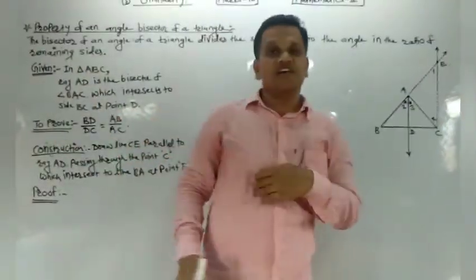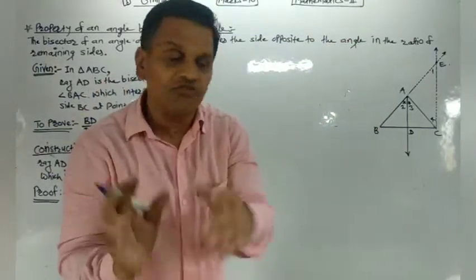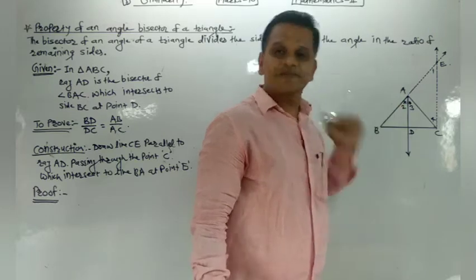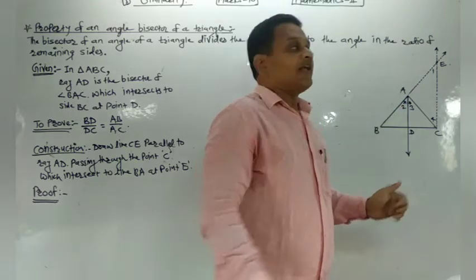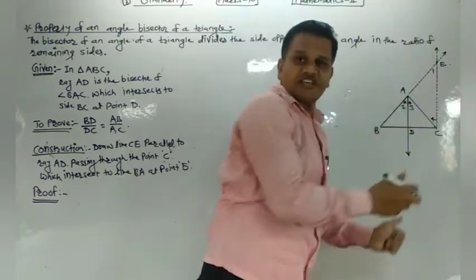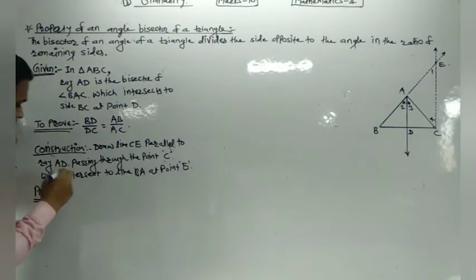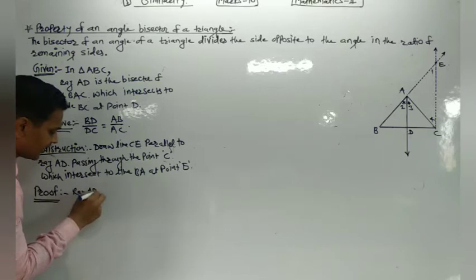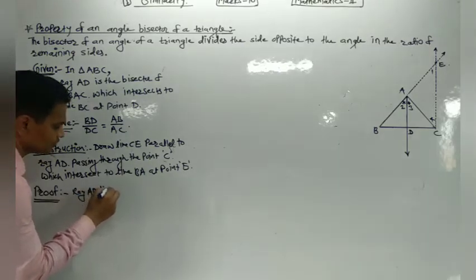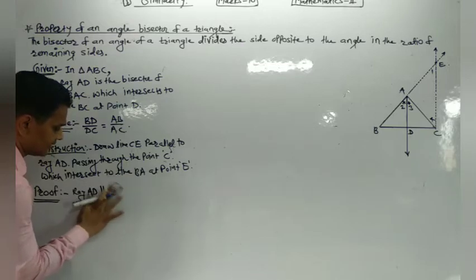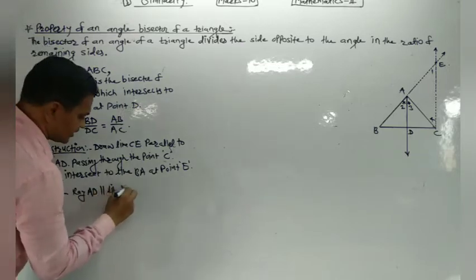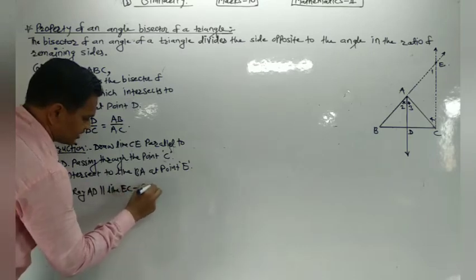Now I am going to write here. First of all, I want to show that angle number 1 is congruent to angle 2, because they are corresponding angles, because AD is parallel to EC. Ray AD is parallel to line EC. Who said this?